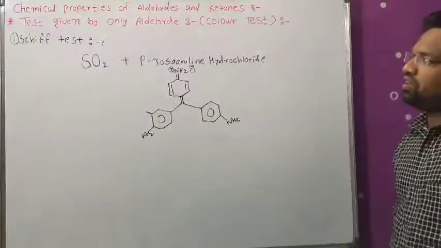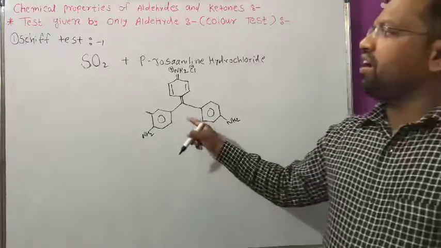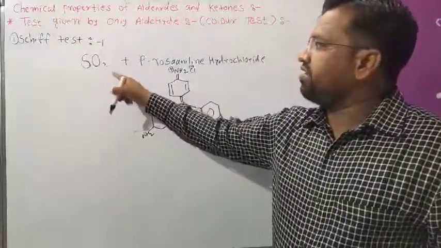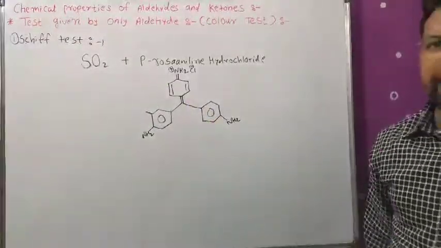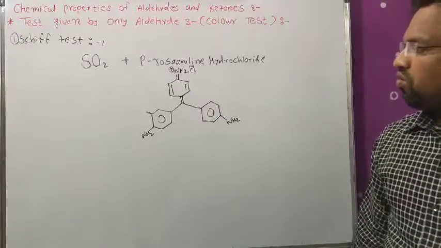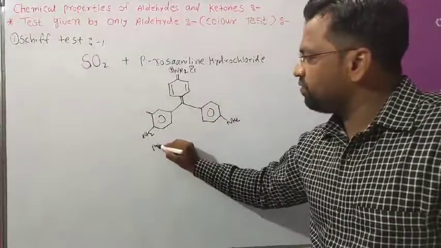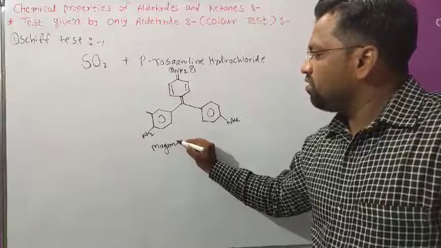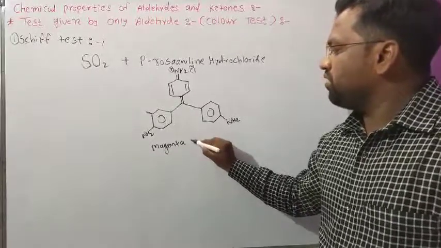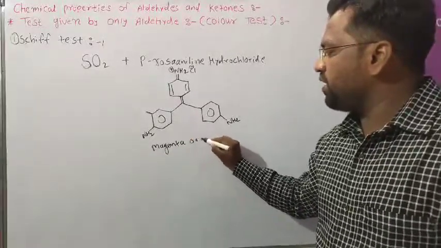Now sulfur dioxide gas is passed through para rosaniline hydrochloride, which has magenta pink color.